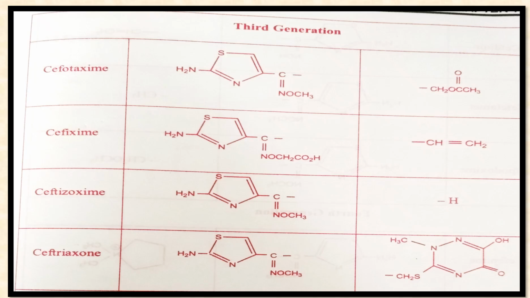In all these cases the R1 group is a little different. In cefotaxime, the R1 group is CH2OCO-CH3, in cefixime R1 is CH=CH2, in ceftizoxime it is hydrogen, and in ceftriaxone it is a substituted 1,2,4-triazine nucleus.